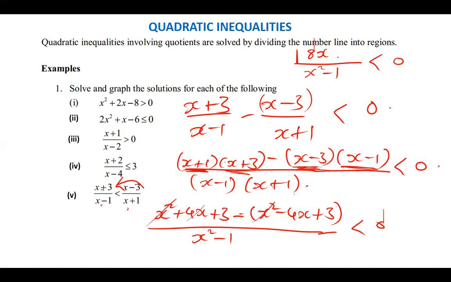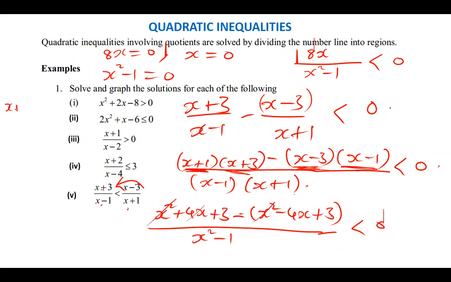So now it's your duty to find the critical points. So you equate the numerator to 0. You're going to have 8x is equal to 0. You also equate the denominator to 0. So when you find the solution for the numerator, you divide everything by 8, the value of x will remain 0. And then the denominator there is a difference of two squares.